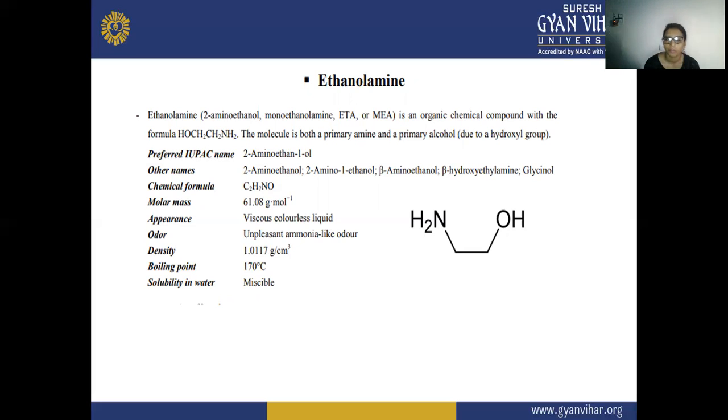The chemical formula is C2H7NO, and the molar mass is 61.08 grams per mole. The appearance of this ethanolamine is a viscous, colorless liquid, and the odor is an unpleasant ammonia-like odor.